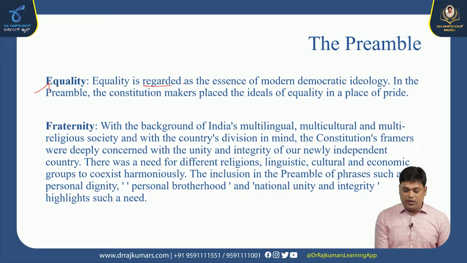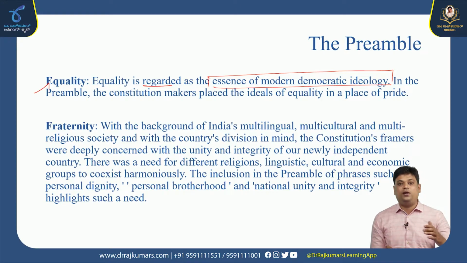Equality. Equality is regarded as the essence of modern democratic ideology. If you look back at the history of the world, all the revolutions happened because of this modern democratic ideology, which is known as equality. For example, we can take the French Revolution. There were three estates in the French Revolution. The first and second estates had the voting rights, but made up a minimum population of 3% compared to the third estate.